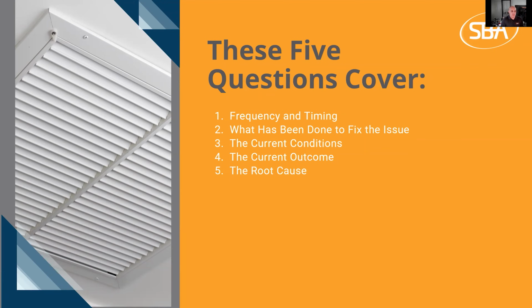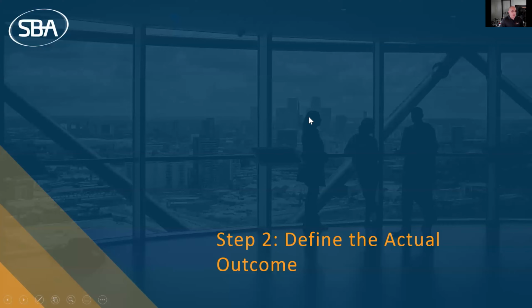So you got to kind of reverse engineer it. The current conditions, we want to figure out what is actually happening. And then we want to know the current outcome, what is actually the outcome of whatever changes have been made. And then we want to figure out questions related to the root cause. What have they done? What have they seen happen that could cause these issues?